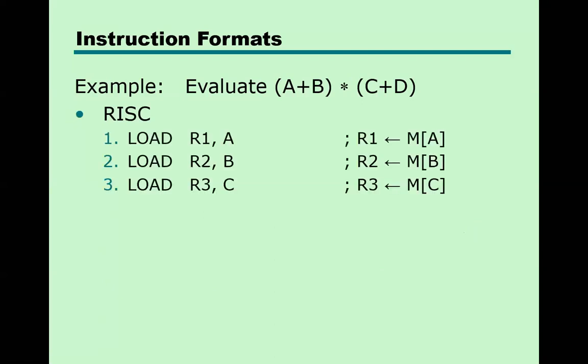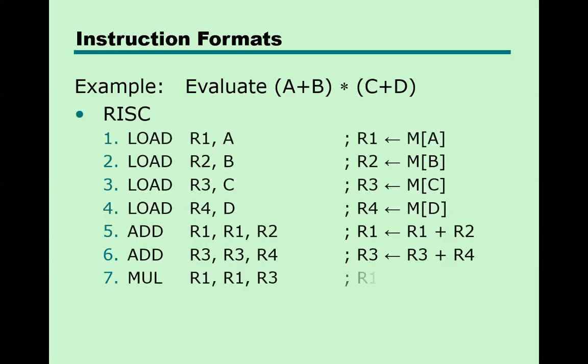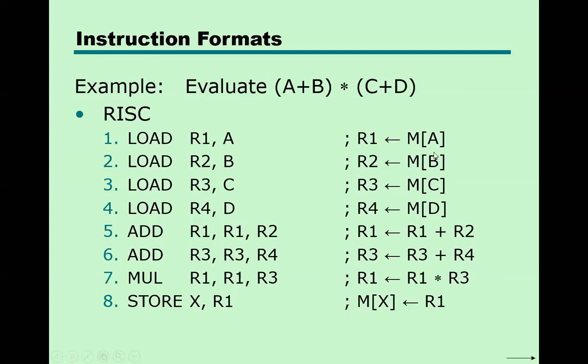Similarly, RISC and CISC we will discuss later, what exactly RISC and CISC are. But suppose you want to perform the same operation in RISC. How can we perform it? We will load the A value into R1, then R2, R3. These are the general purpose registers available on the processor.